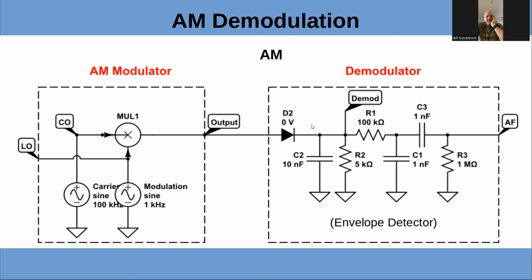If we take that and we feed it into what we call an envelope detector, which is the simplest form of AM, we just run it through a diode to rectify the positive portion of the signal. Because if you look at that envelope we saw before, it's positive and negative. One's a duplicate of the other. And then we just low pass filter it, and we will recover the modulating signal.